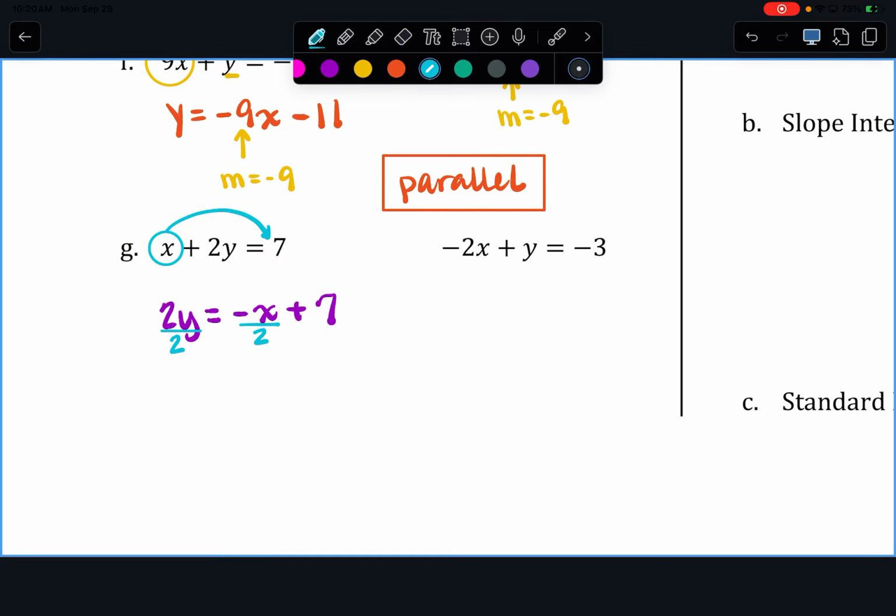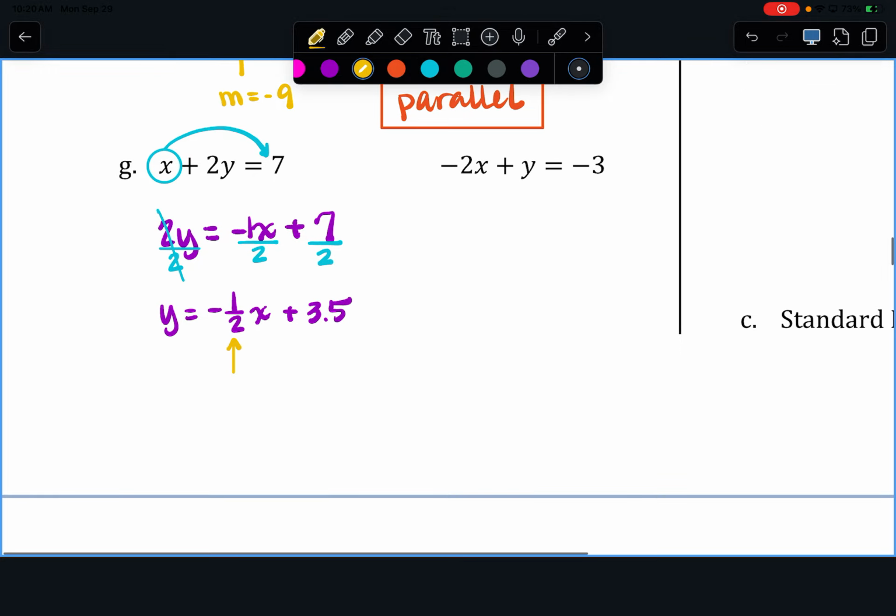So we're going to divide everybody by 2. And that's going to give us y equals, remember there's an understood 1 right there. So this is -1/2 x plus 7/2 or 3.5 if you want to. Again, I don't really care about the 3.5. I'm not graphing the line. I'm just trying to identify the slope of the line, which is -1/2.